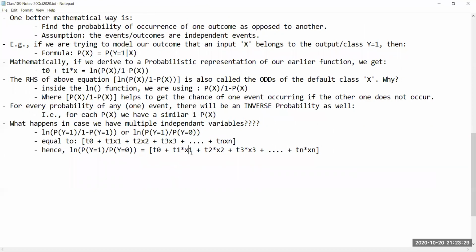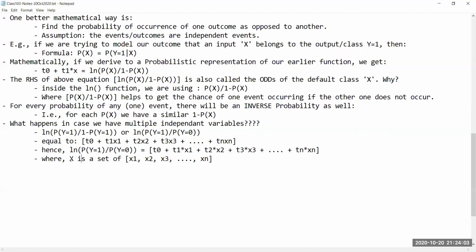If I have independent variables like x1, x2 until xn, where x is actually a set of x1, x2, x3 until x of n, so x is basically a set or an array or a vector, a single row vector of all the values of all the independent variables represented as x.